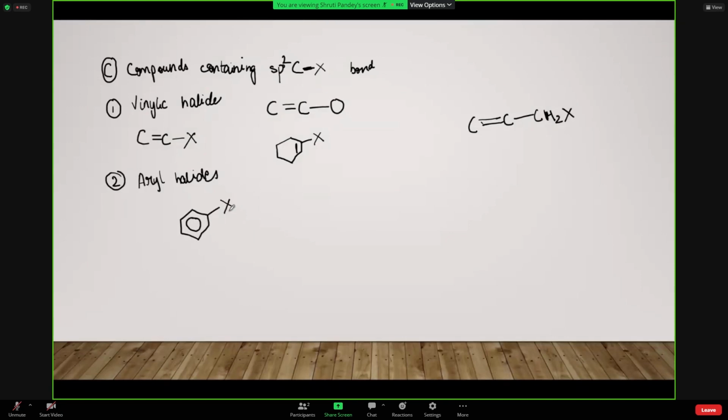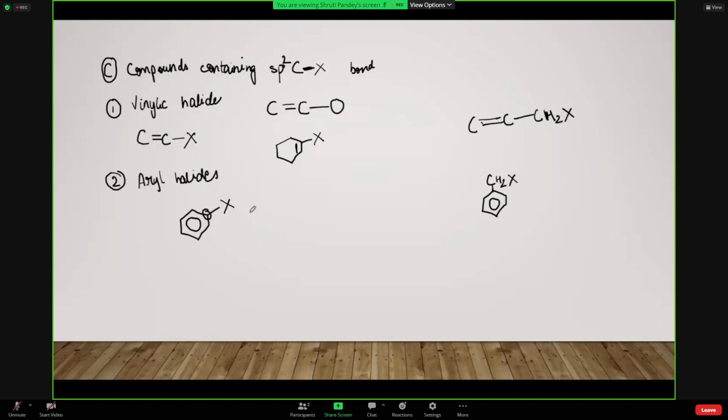तो यहाँ पे जो हाइड्रोजन is attached to the carbon atom and that carbon atom is itself a part of the benzene ring. ठीक है, so these are the aryl halides. So when we were talking about the benzylic halide, बेंजाइलिक में क्या था, इधर पे बना देती हूँ मैं. तो बेंजाइलिक क्या थे, it was something like CH2 and X. Like the carbon atom which is attached to the halogen, that is not a part of the ring here. लेकिन यहाँ पे this carbon atom is a part of a ring. ठीक है.